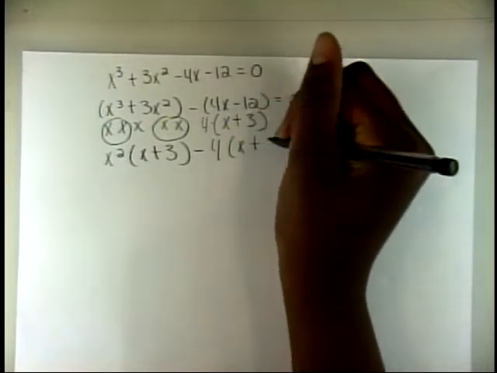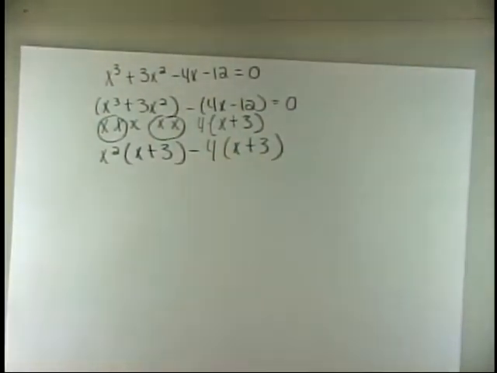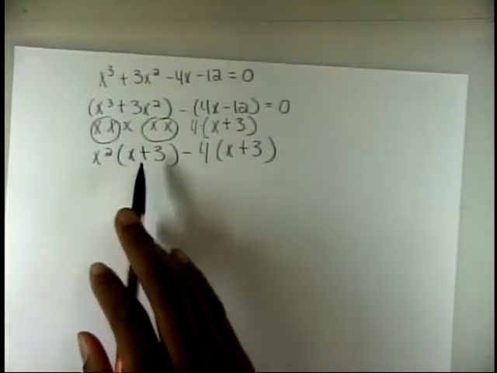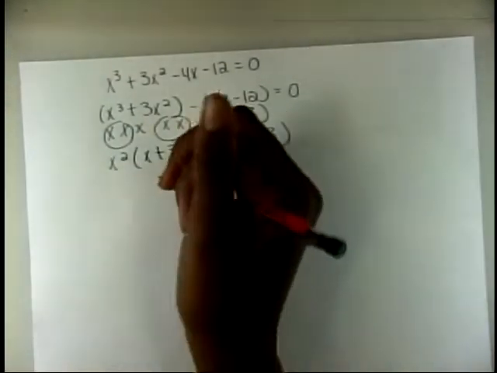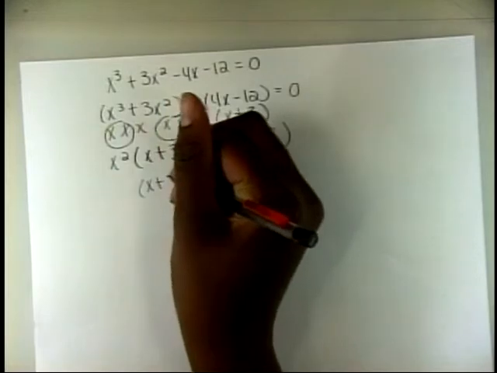So therefore we have 4 parentheses x plus 3. As you see, we have x plus 3 on one side, x plus 3 on the other side. In order for this equation to work, you have to have the exact same like groupings. So next we will write down x plus 3.